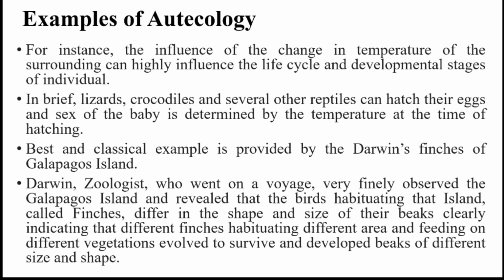The best and classical example is provided by Darwin's finches of the Galapagos Islands. Darwin, a zoologist who went on a voyage, very finely observed the Galapagos Islands and revealed that the birds living on that island, called finches, differ in the shape and size of their beaks, clearly indicating that different finches inhabiting different areas and feeding on different vegetation evolved to survive and developed beaks of different size and shape.